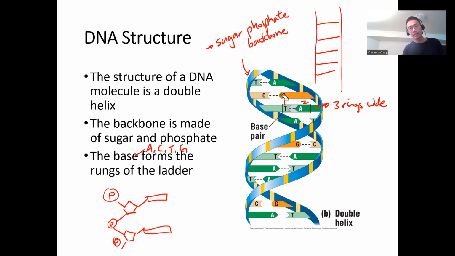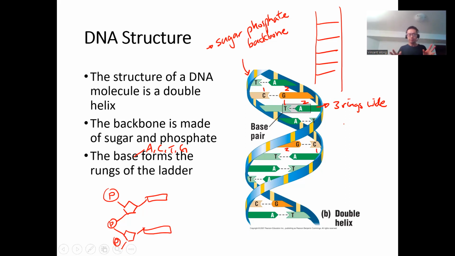Now let's see the G and the C. G is also a purine, so it's going to have 2 rings. C is a pyrimidine, so it has 1 ring, and that means it's also 3 rings wide across, right? It doesn't matter if the G is on the other side. If the G is on this side, 2 rings, 1 ring, right?